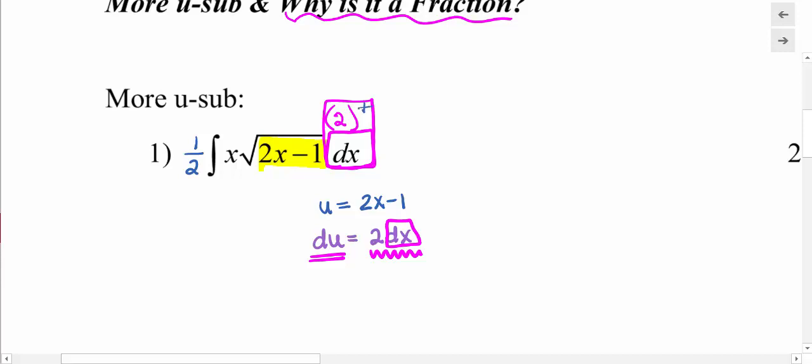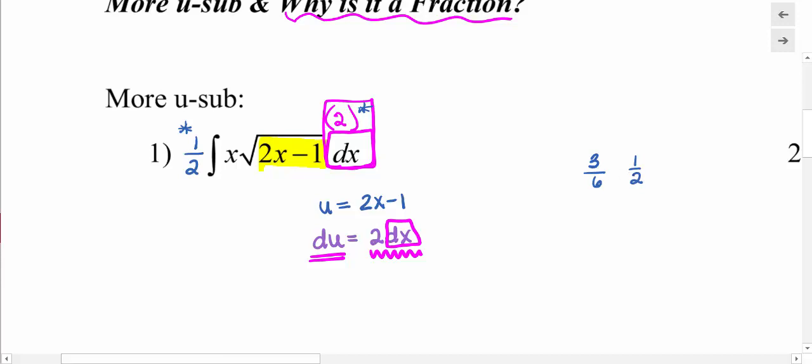So on the inside, you needed to put a 2 to make that match what you needed for your du. Then on the outside, I had to put its reciprocal, because again, 1/2 of 2 is 1. I'm really just multiplying my antiderivative by 1. I'm not changing its value, I'm just changing the way it appears. It's the same thing as saying 3 over 6 is equivalent to 1/2.